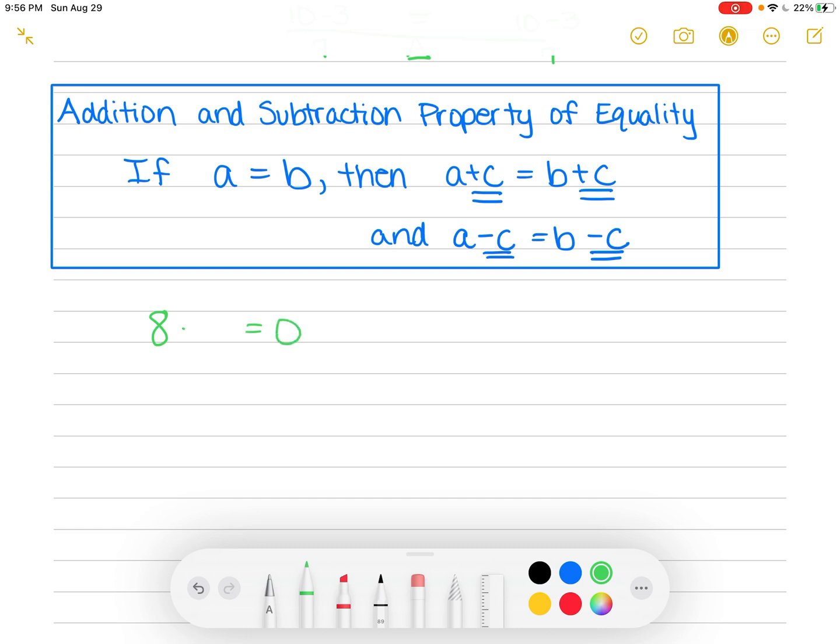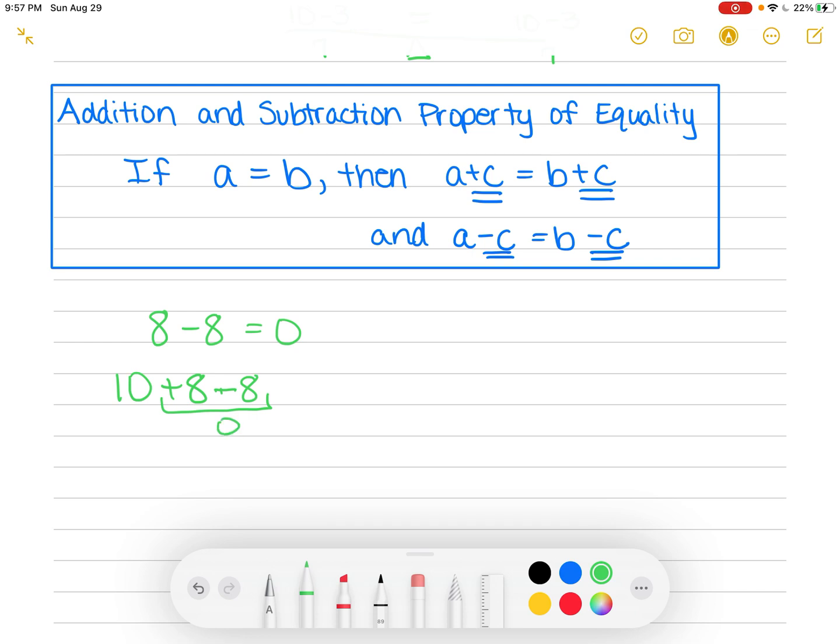Well, the way I can make that equal to 0 is by subtracting 8, right? Let's say I have 10 plus 8, and I want to get rid of the 8. Then how would I do that? I can subtract 8, and that's going to make this 0, right?